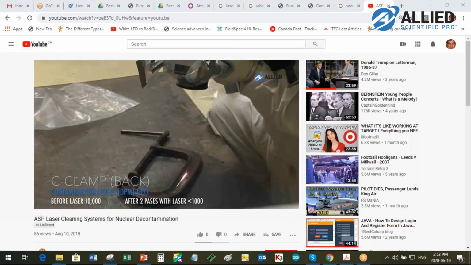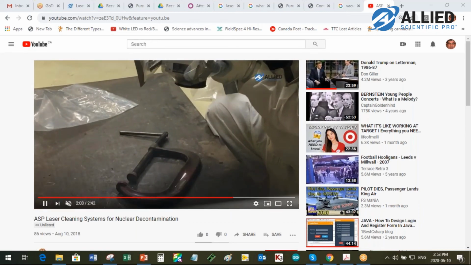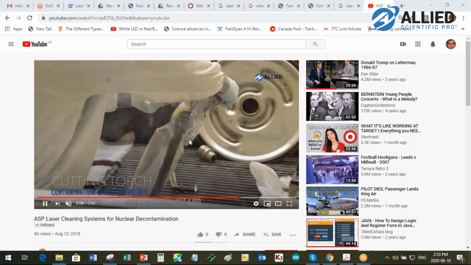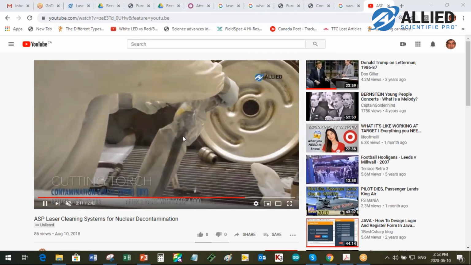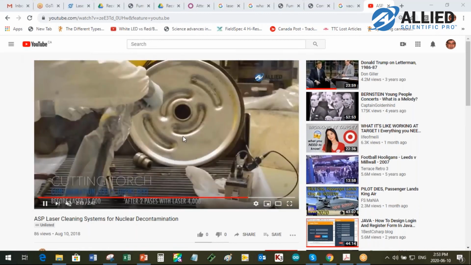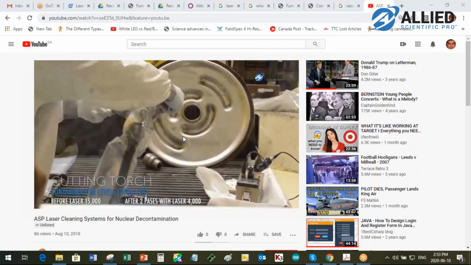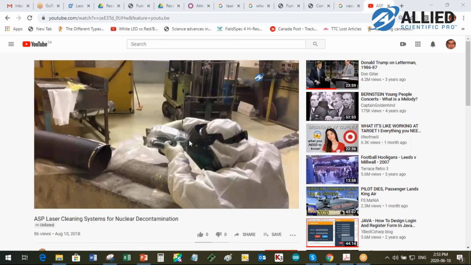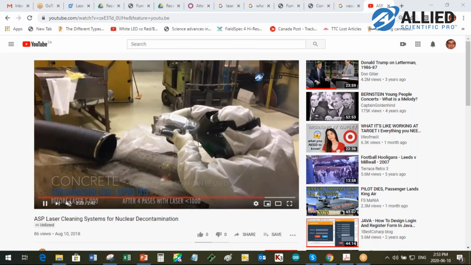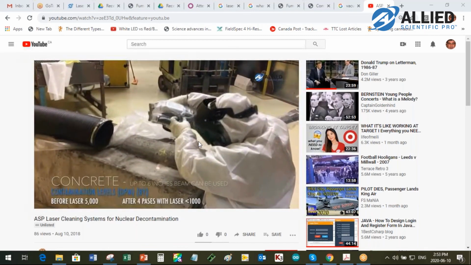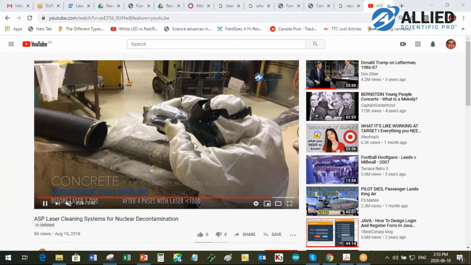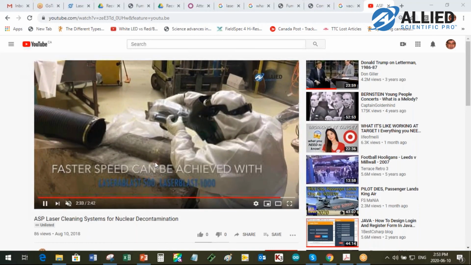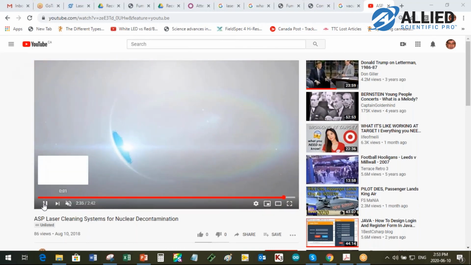And I should mention that our engineer was outside of this negative pressure room giving directions to the engineers at Permafix on how to control the parameters. Here is a cutting torch. And finally, here's a concrete block. You can see the beam is quite narrow so that it could penetrate into the pores. And after 4 passes, the contamination was less than 1,000 ppm.